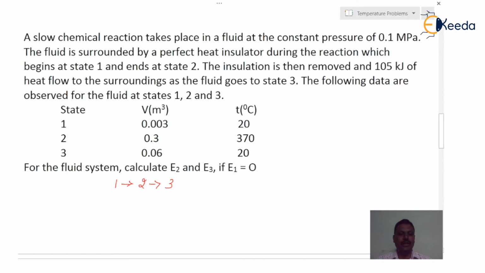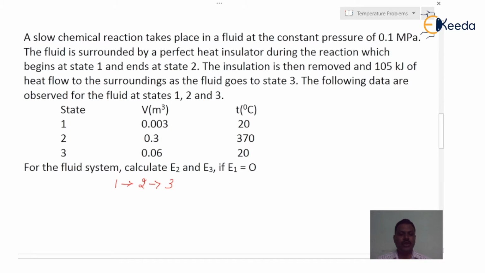So there will be no heat interaction between the system and surroundings, but there will be work transfer as there is a change in volume from 0.03 meter cube to 0.3 meter cube at a constant pressure of 0.1 megapascal.